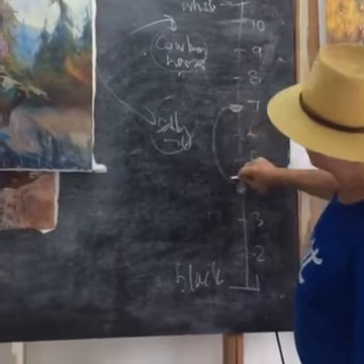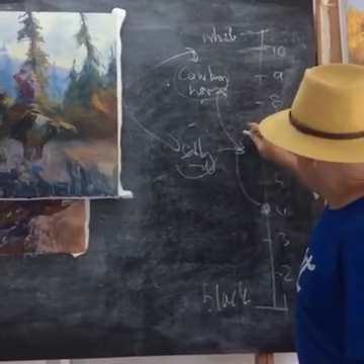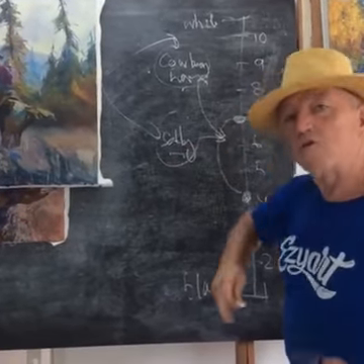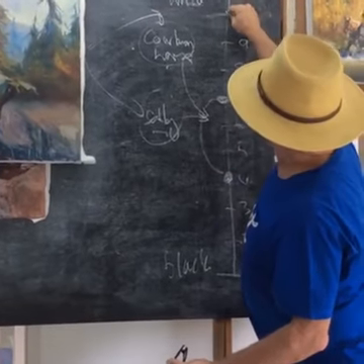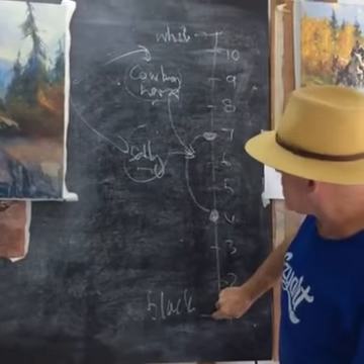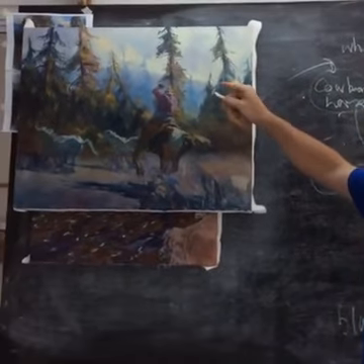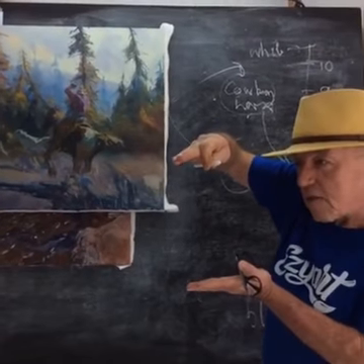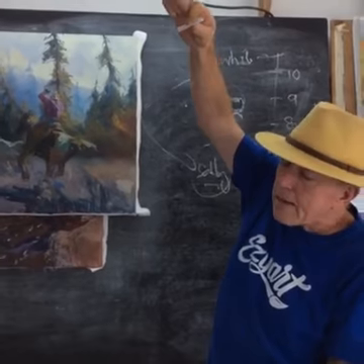So both the setting and the cowboy and the subjects are around about that value, that greyness, right? If the lightest grey is white and the darkest grey is black, right? We don't have any black, we don't have any white. We have a range of values in there, but they're not the full range from white to black, right?